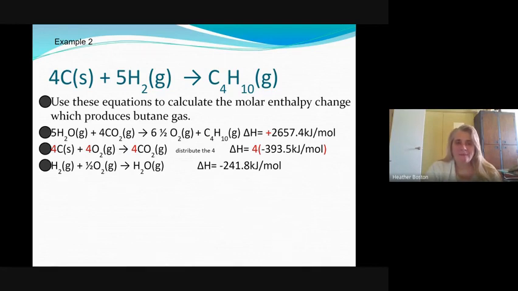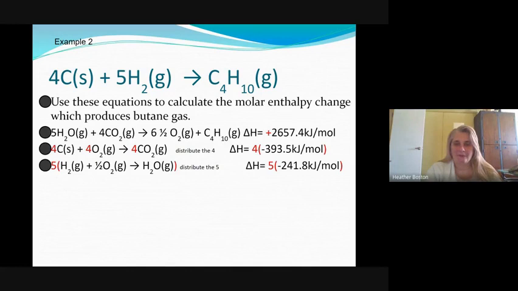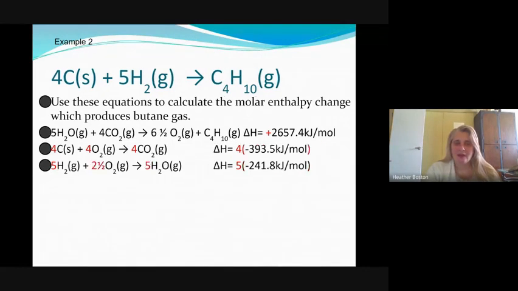Equation 3 has hydrogen in the reactant side like I need it, but it only has a coefficient of 1. So I'm going to multiply all of equation 3 by 5. When I multiply equation 3 by 5, I also need to multiply the enthalpy by 5. Now let's distribute that out.